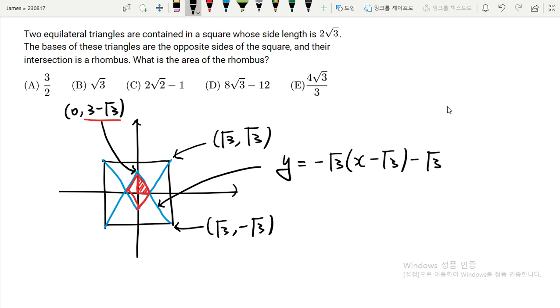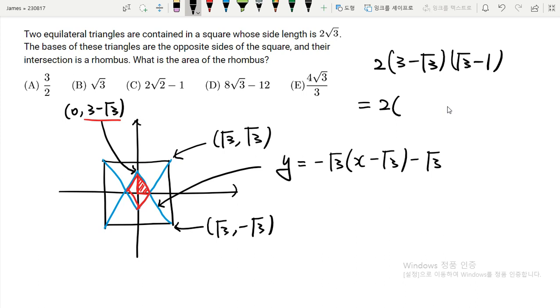And that means the area of the triangle is this height times base divided by 2. But because we are going to multiply by 4, the 4 and the 1 half make 2. So this is the area of the rhombus.